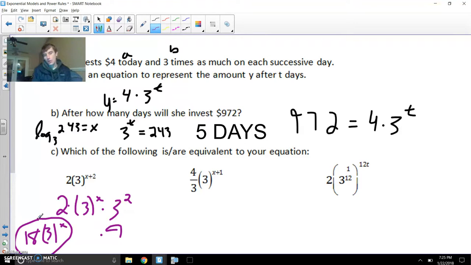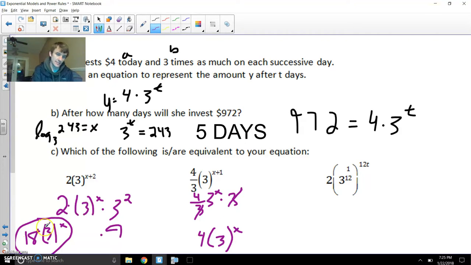So that's the target here, and I'm going to see if I can get that value out of any of the other ones. So this is 3 to the x times 3 to the 1. Now it has this 4/3 in front of that, and I'm really happy that I see a 3 in the denominator, and then it's multiplying by 3 to the 1, which is just 3. So these end up canceling, and you basically have 4 times 3 to the x.